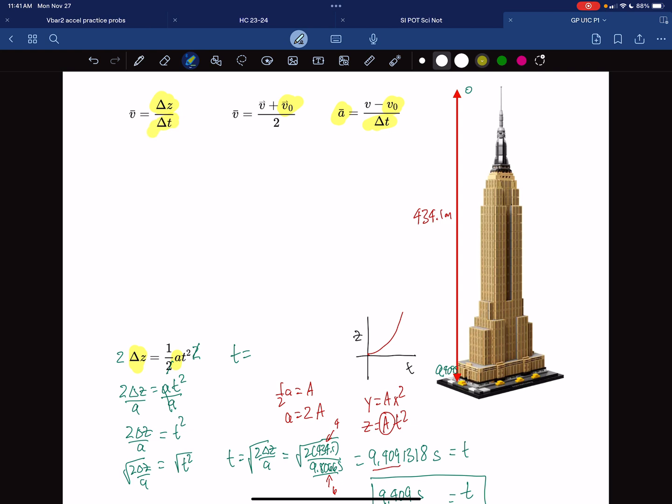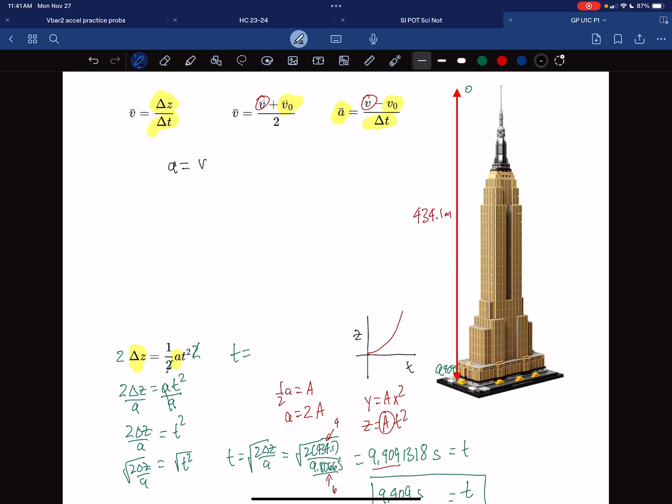So what can we find? We can now find the impact velocity, which occurs there and occurs here. With this equation, there are two things we don't know, and this one doesn't even involve it, so we can use this equation to find it. So we have A equals V minus V0 all over delta t.